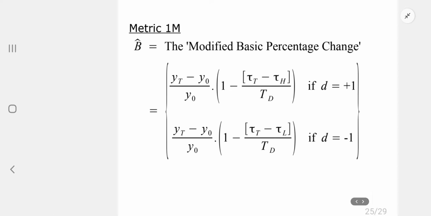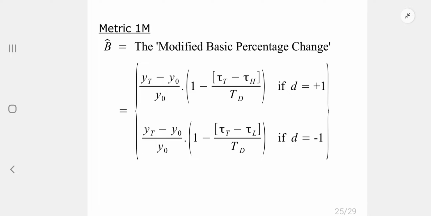So that metric 1M, which equals B hat, which equals the modified basic percentage change, which equals yT minus y0, all divided by y0 times 1 minus tau T minus tau H, all divided by T D, if small d equals +1, and yT minus y0, all divided by y0 times 1 minus tau T minus tau L, all divided by tau D, if small d equals -1.